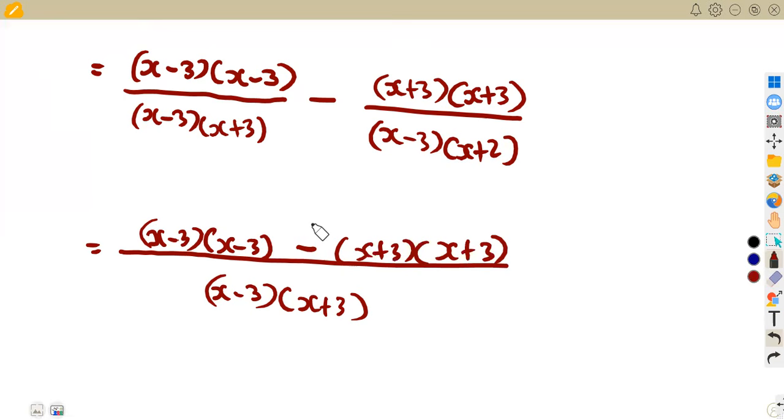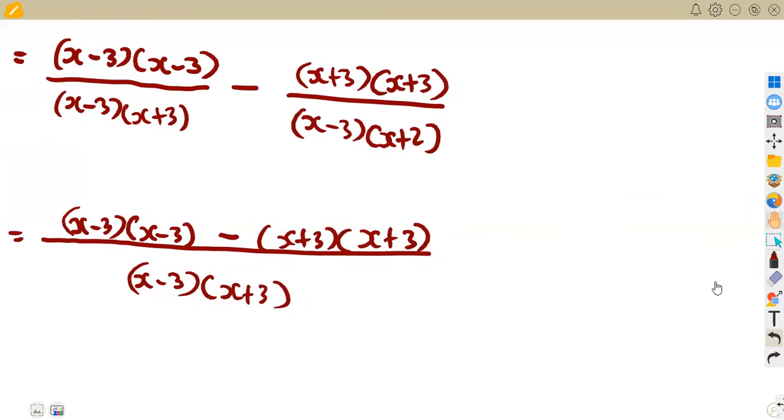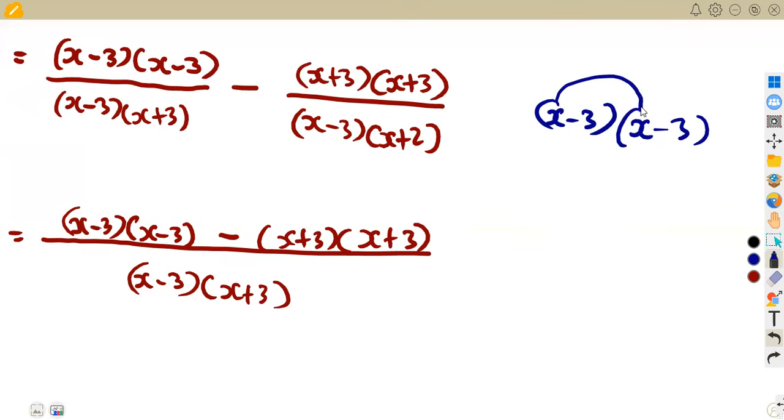But we can't leave our answer like this because it is not in simplest form. We have to expand our brackets in case there are like terms that we can simplify. On the expansion of x minus 3 and x minus 3, you can use the longer way, the FOIL method or the distributive method, whereby we multiply x by each and everything here. x times x is x squared, x times minus 3 is minus 3x.